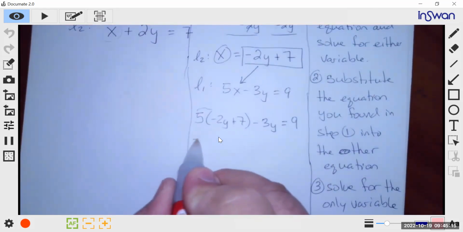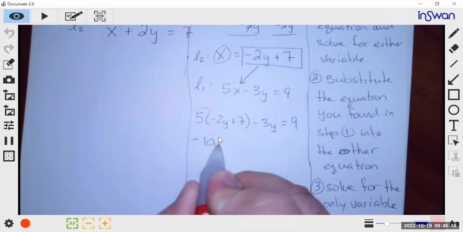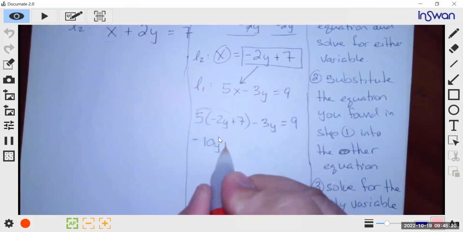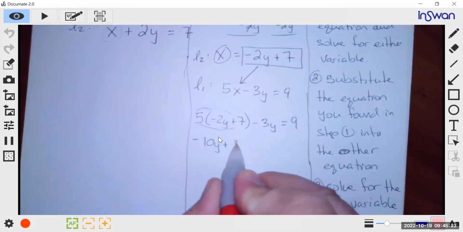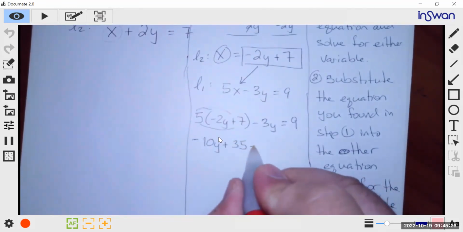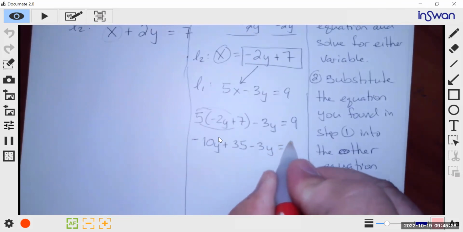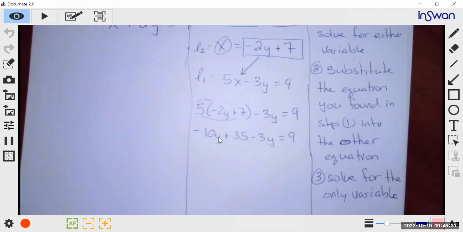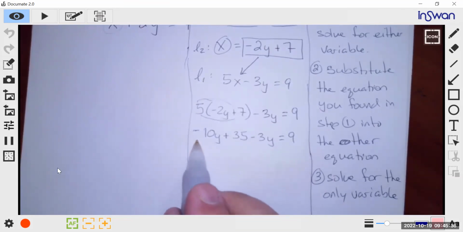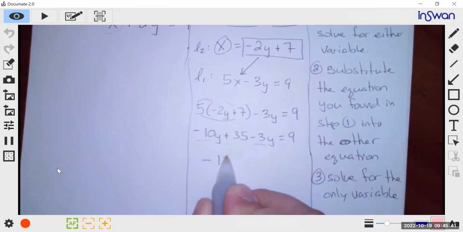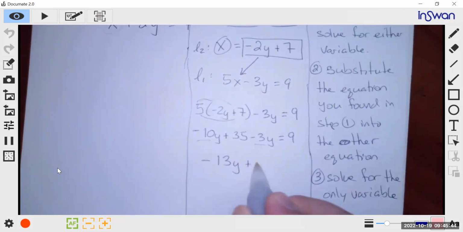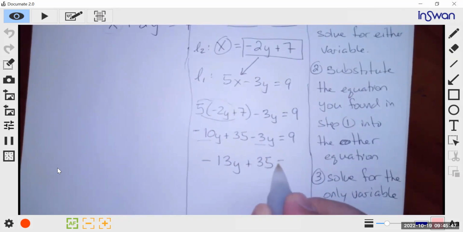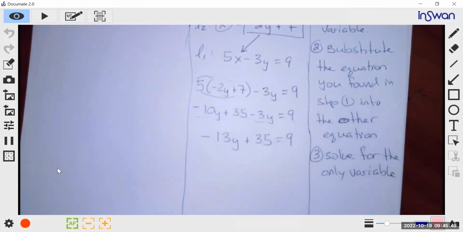Positive times negative is negative. 5 times 2 is 10y. Positive and positive is positive. 5 times 7 is 35. Minus 3y equals 9. Combine like terms: negative 10, negative 3, they're both negative, so you add them. 10 plus 3 is 13. You lost?